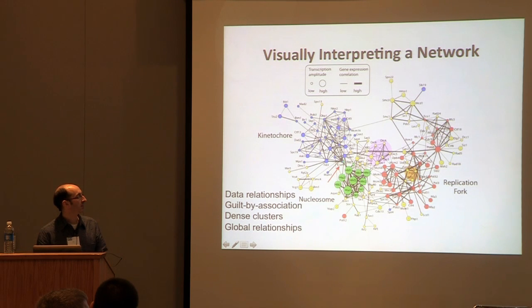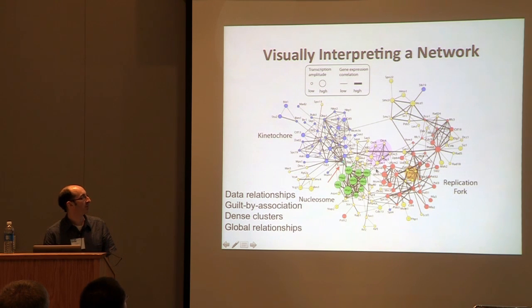There's this idea of guilt by association, which is very useful for gene function prediction. As I mentioned earlier, if you have a gene that you don't know what its function is, you can see what it's connected to, and that might give you a clue about it. So that's one type of pattern that's been very useful in networks.